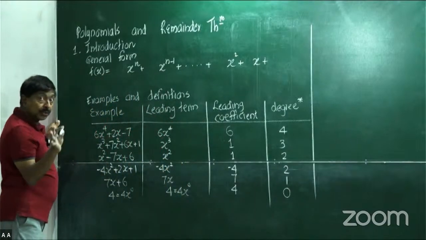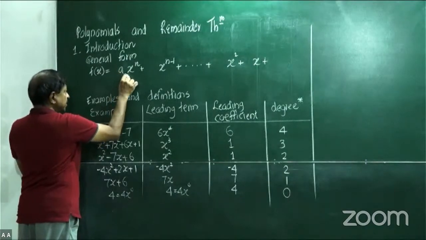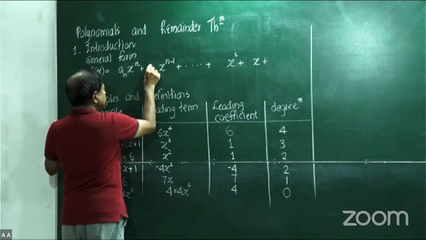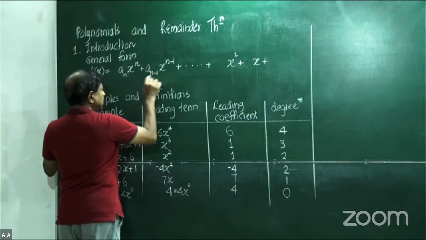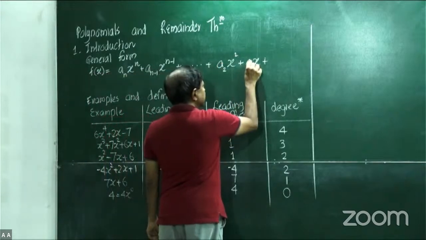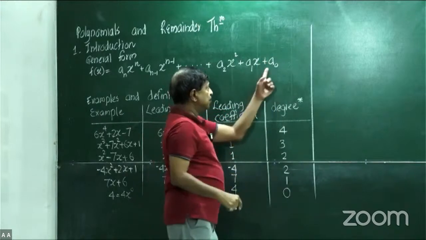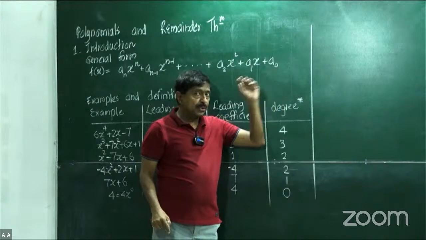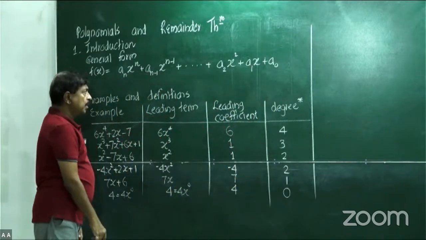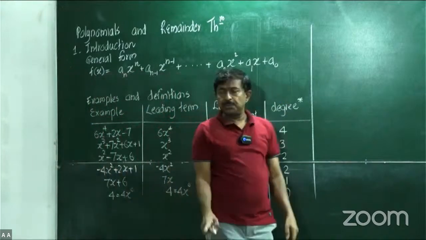Here, to avoid any confusion, I'll take this coefficient as an. So an goes hand in hand with this x to the power n. This an minus 1, this a2, this a1, this a0. A0 goes with x to the power 0, but we don't write x to the power 0 explicitly. So that's the general form. Here, the degree of the polynomial is n.